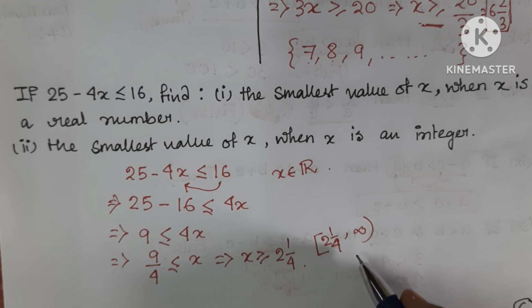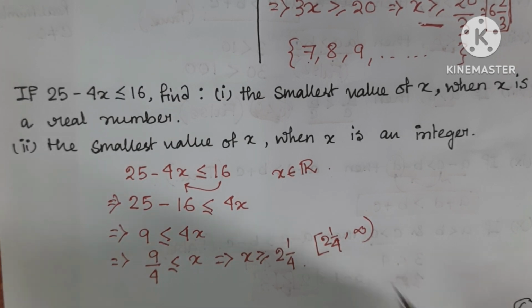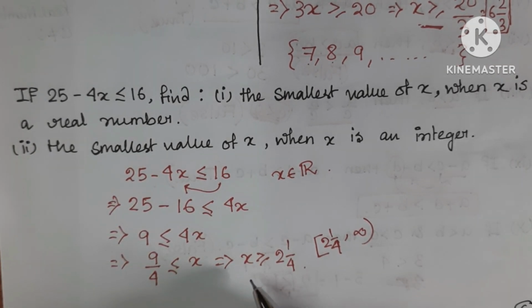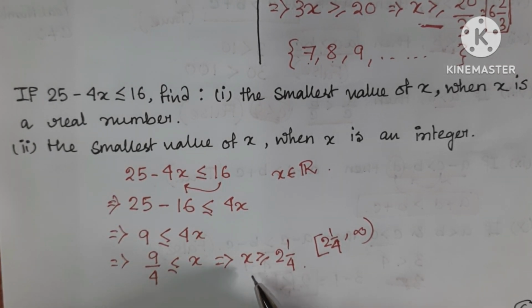Here you can see that all real numbers greater than or equal to 2 and 1 by 4 form the solution set. So what will be the smallest value of x? The smallest value is 2 and 1 by 4.